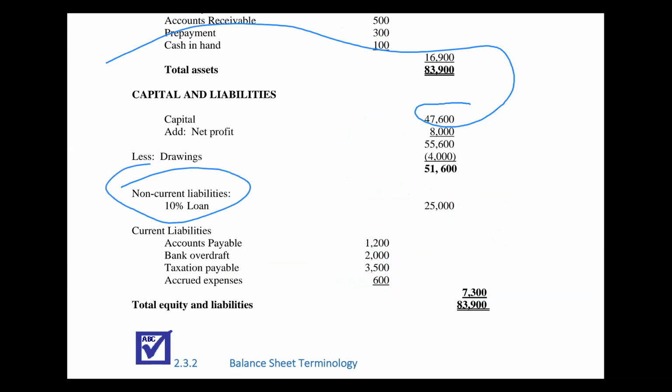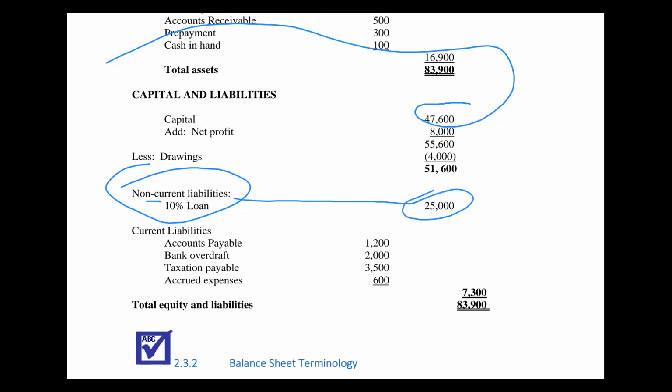The non-current liabilities are the things that the business owes, like you owe your creditors and you're supposed to pay them after 12 months. Examples would include loans. So all the non-current liabilities are listed under here. You sum them here. In this example, we just had only one, a loan, of course.